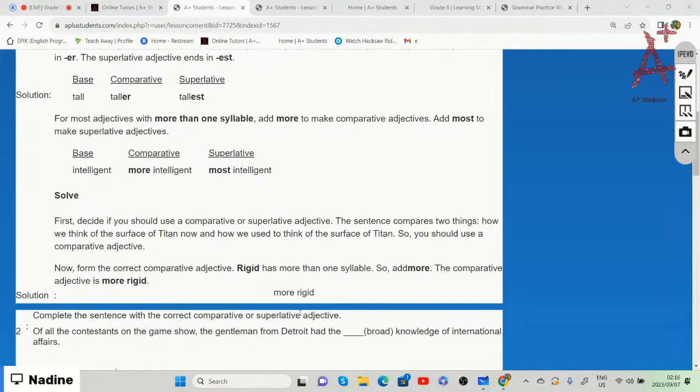So this is comparing two things, which means it is a comparative adjective. Rigid has two syllables, and if it has two syllables, then we cannot say rigider. We need to say more rigid.